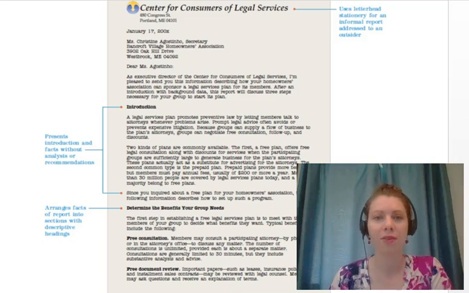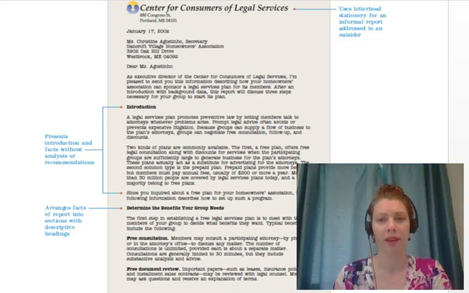He starts off with, "As Executive Director of the Center for Consumers of Legal Services, I am pleased to send you this information describing how your homeowners association can sponsor a legal services plan for its members. After an introduction with background data, this report will discuss 3 steps necessary for your group to start the plan." Okay, that's pretty straightforward. So now she knows.